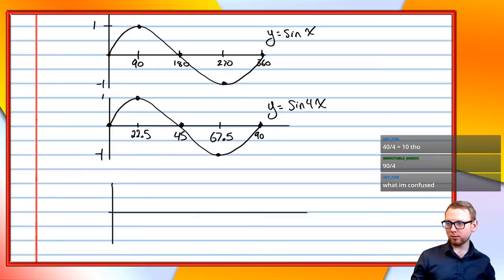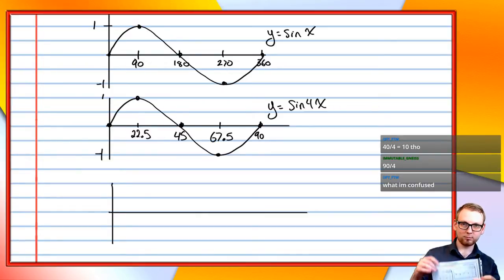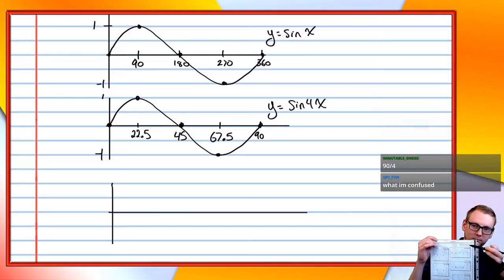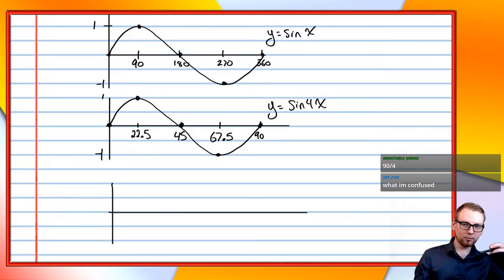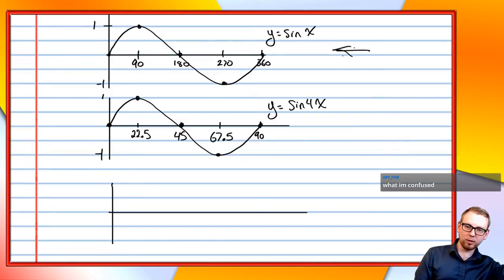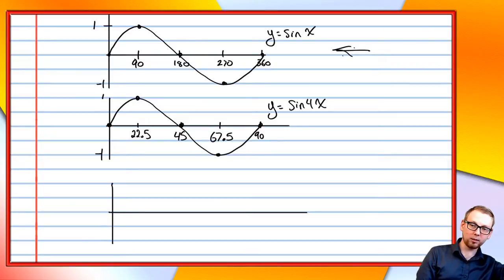So you take your regular sine one, y equals sine x. That's this top one. Your regular sine x graph. The new period is, instead of being 360 degrees, it's 90 degrees. Like you said, you already found that out. So the whole thing for one cycle is only 90 degrees now, instead of 360. Following me so far?